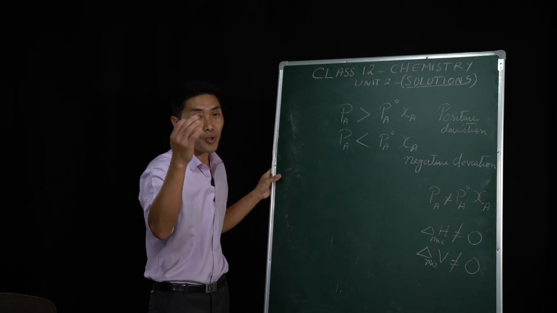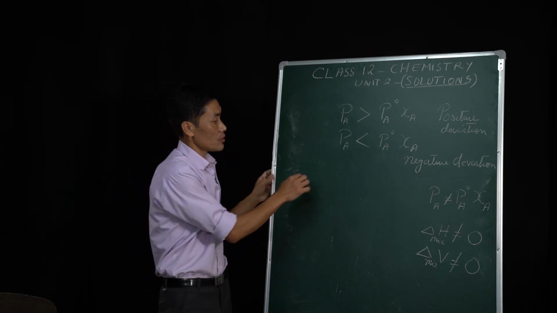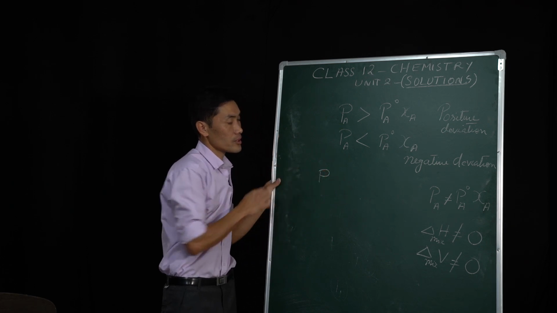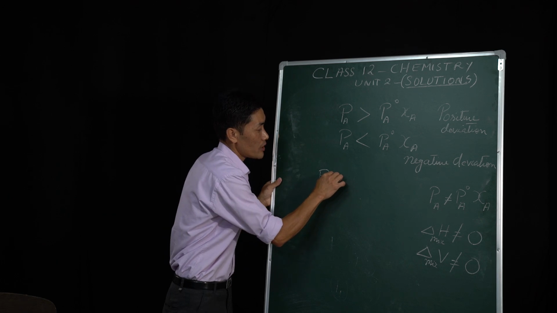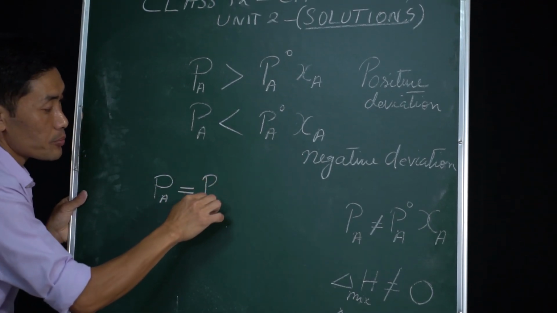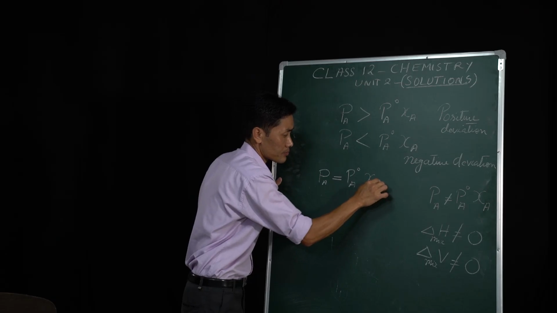Let us go back to ideal solutions again. For ideal solutions, for any component A, the vapor pressure of that component will be equal to the vapor pressure of the pure component multiplied by its mole fraction.